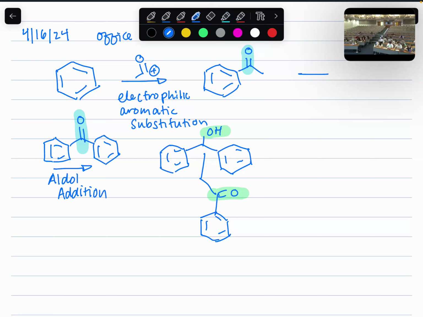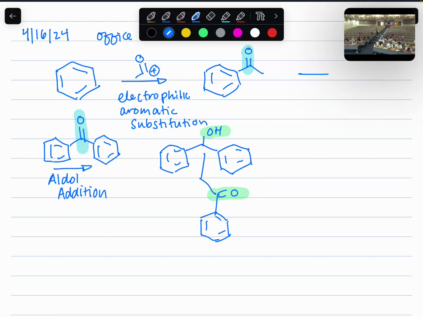Questions so far? Yeah. You said we need two acyl groups. So first look at it, we see the two acyl groups. That narrows it down from our 10 reactions to 3 reactions. Claisen, aldol, acyl substitution. An acyl substitution would mean that we kicked off one of these groups, but we don't. We see everything attached at the end.